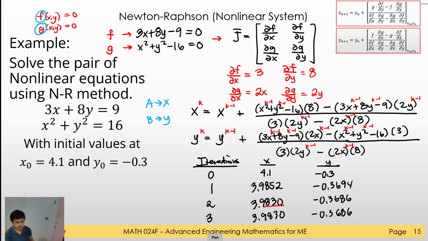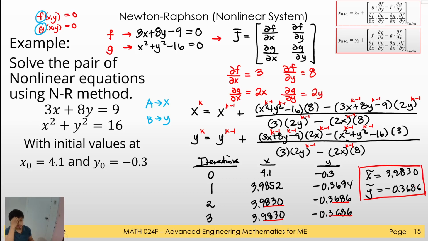As we can see now, this has the same decimal places. So therefore, your approximate value of x is equal to 3.9830, and the approximate value of y is negative 0.3686. So this will be your answer for the solution using the Newton-Raphson method up to 4 decimal places.